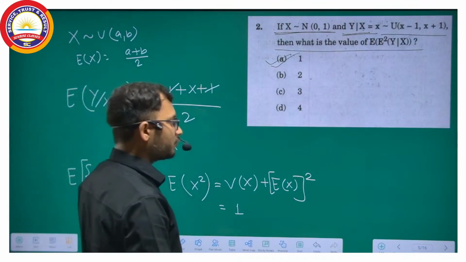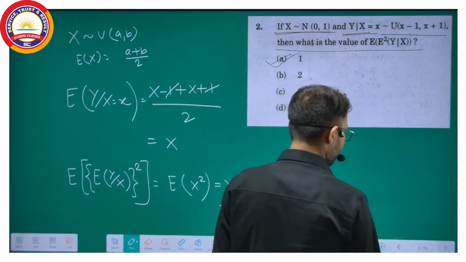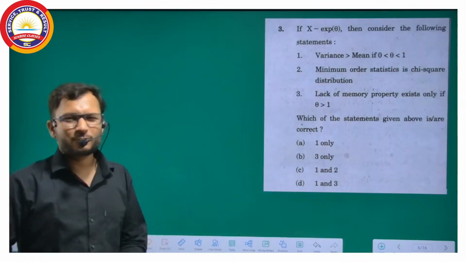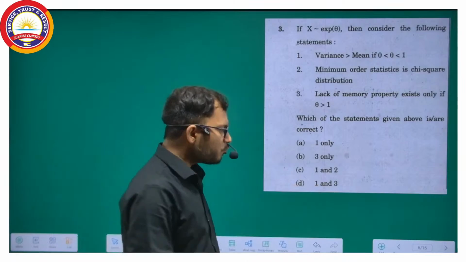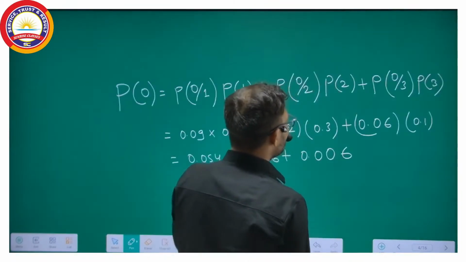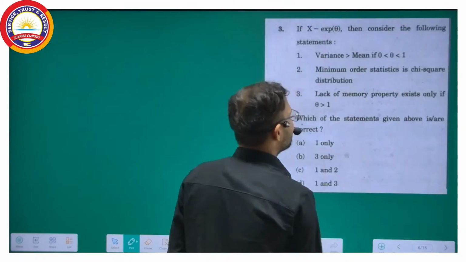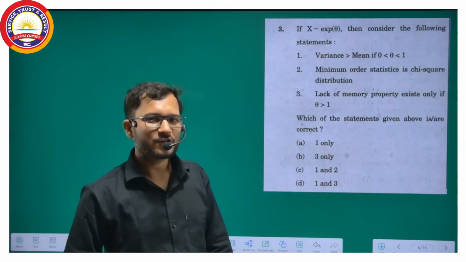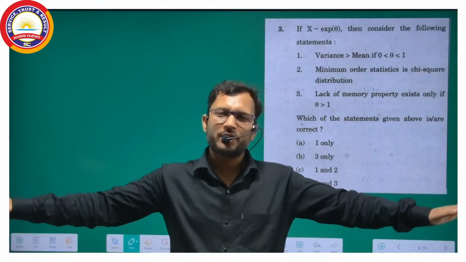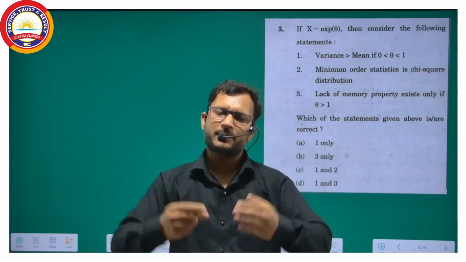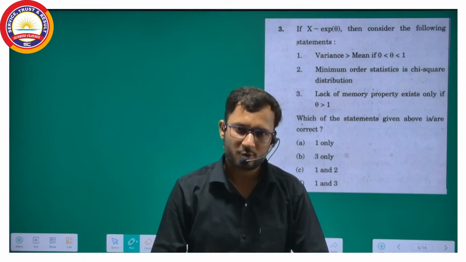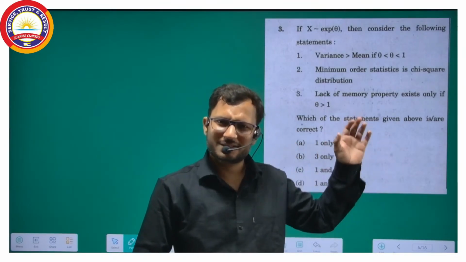Now let me come to the next question. The next question was very easy. These two questions were very easy to do, that we have categorized. Now the next question was a lot more easy, and it was concept based. Getting my point? This was directly from my notes.